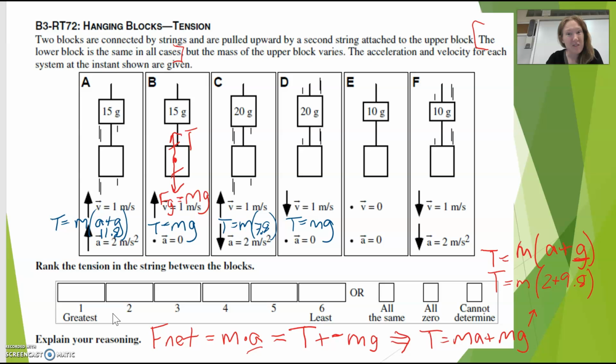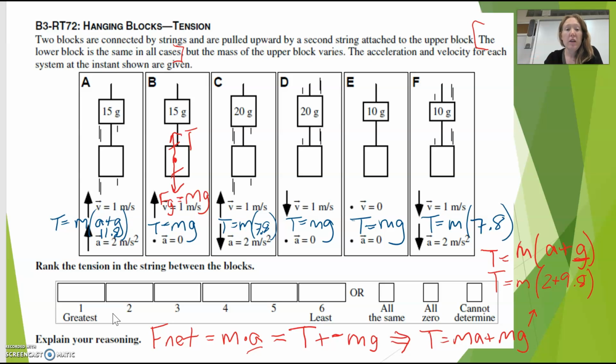Even though it's going down, don't let that bother you. Same thing here, not moving at all. Not accelerating, not moving. And then F is the same as C. So we've got T equals m(a plus g), but a is negative 2, so we just end up with 7.8.